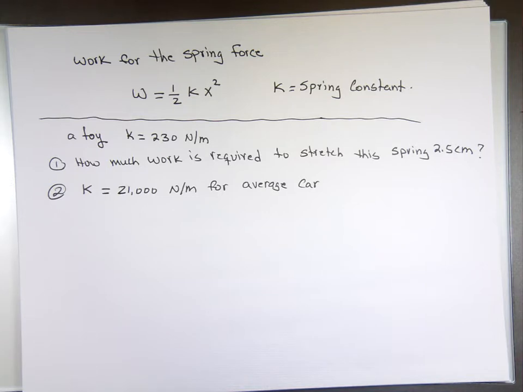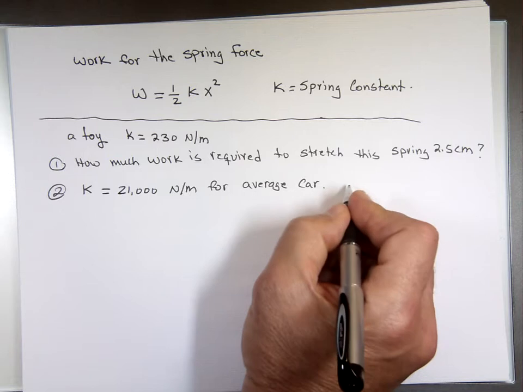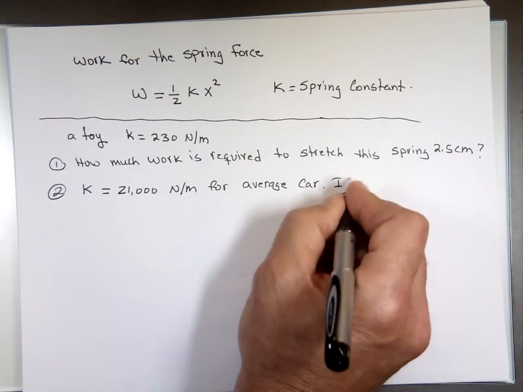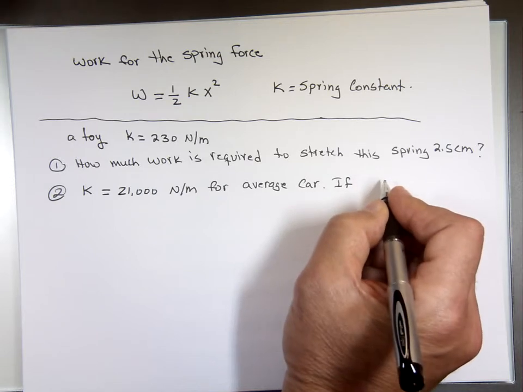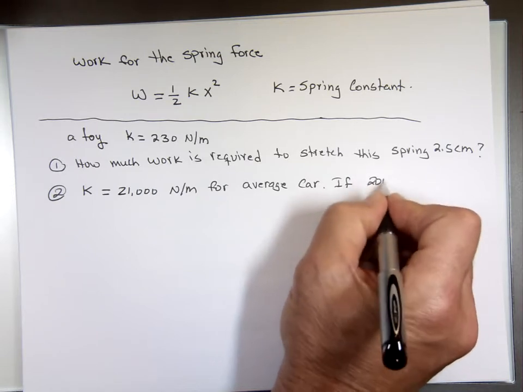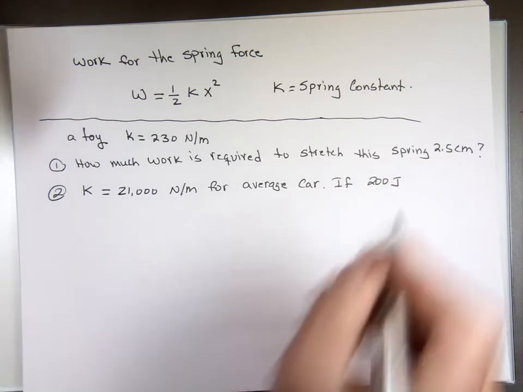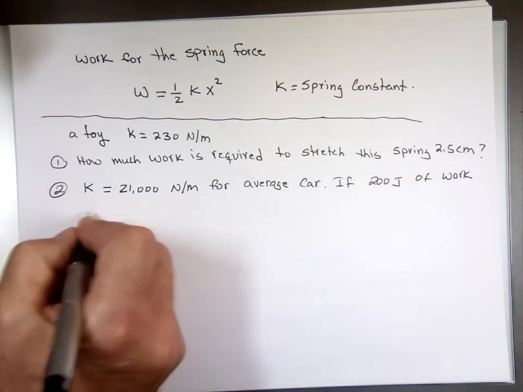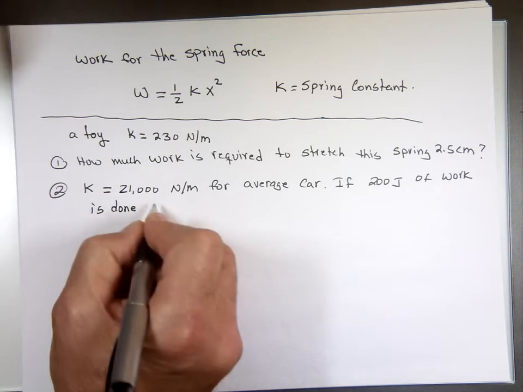So now, how many joules do you want to put on that car? Pick some numbers for joules. 200 joules of work is done to compress this spring.